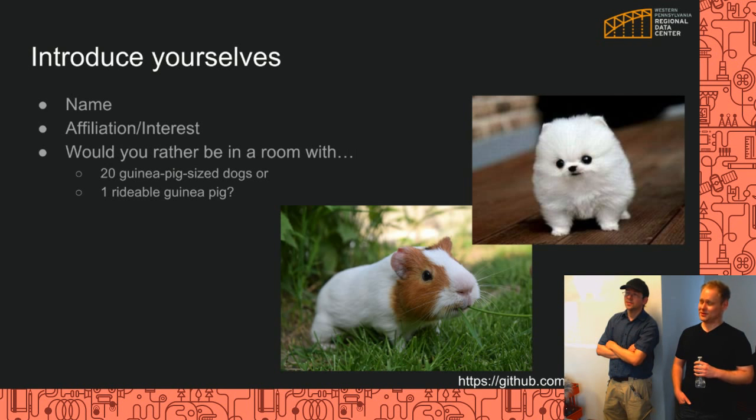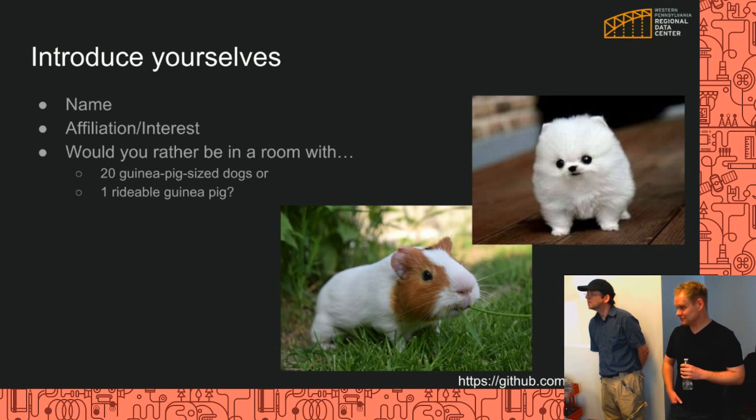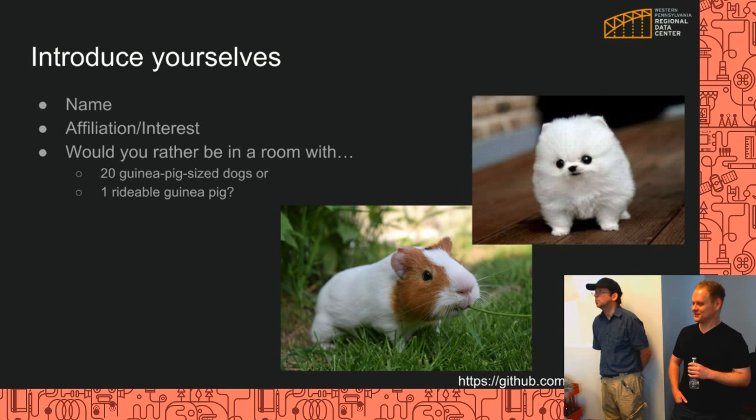than one. Hi, I'm Darshan. I'm a grad student at CMU, pursuing chemical engineering, and I would go with the 20 guinea pigs. I'm Kevin. I'm a student here, and I would go with the dogs because I've been bitten by a guinea pig before. I'm John.